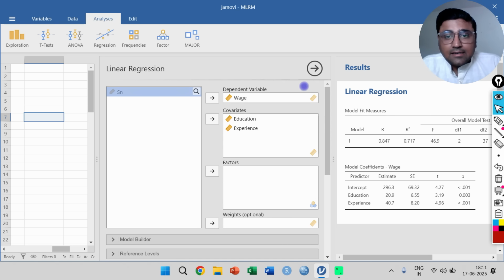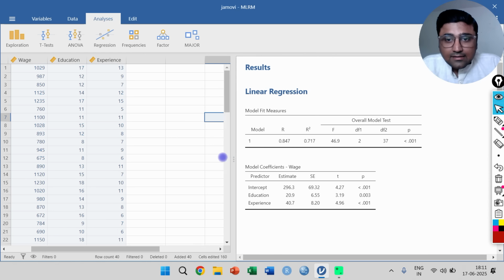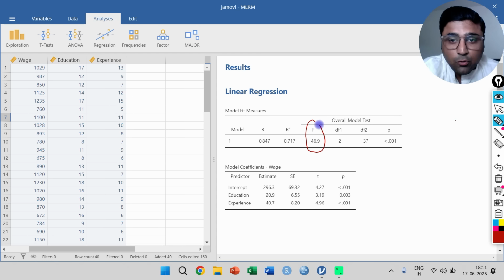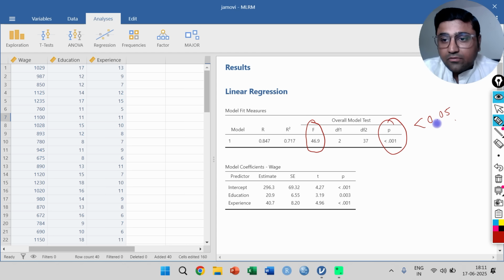So now let's understand the result. So first we are going to check the overall significance of the model. So here you can see F statistic is 46.9 and associated p-value is less than 0.05. That shows that our model is statistically significant, or model is better than the intercept only model.